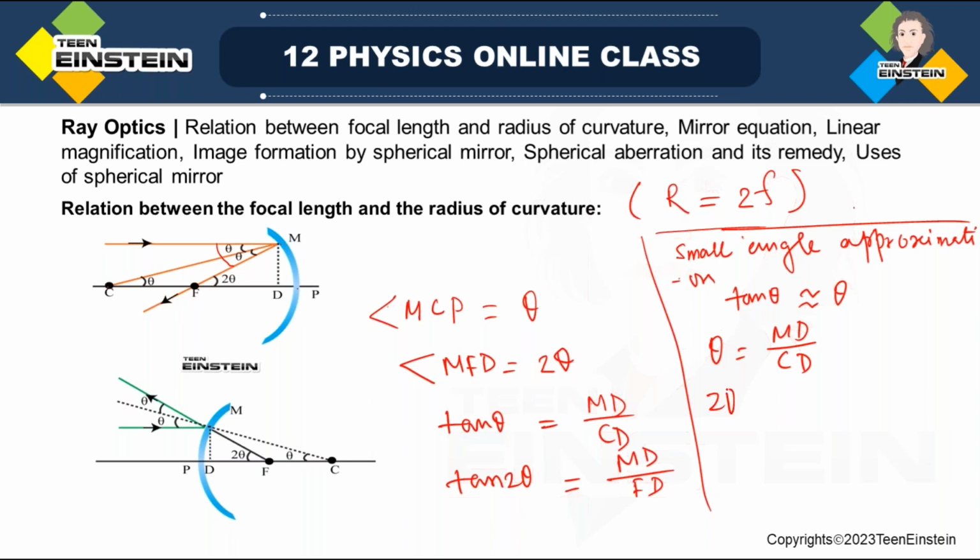This I can write, and 2 theta could be written as MD by FD, right? Now I can just put the value of theta from here to here. So 2 into MD by CD, and MD by FD is 2 theta, that we had already got.